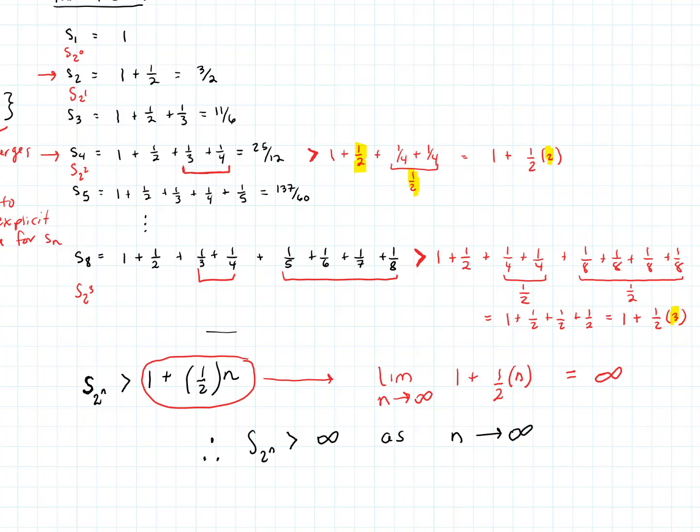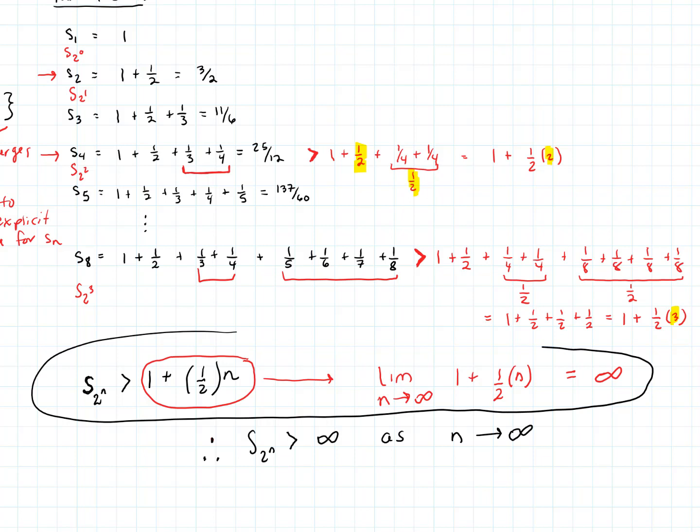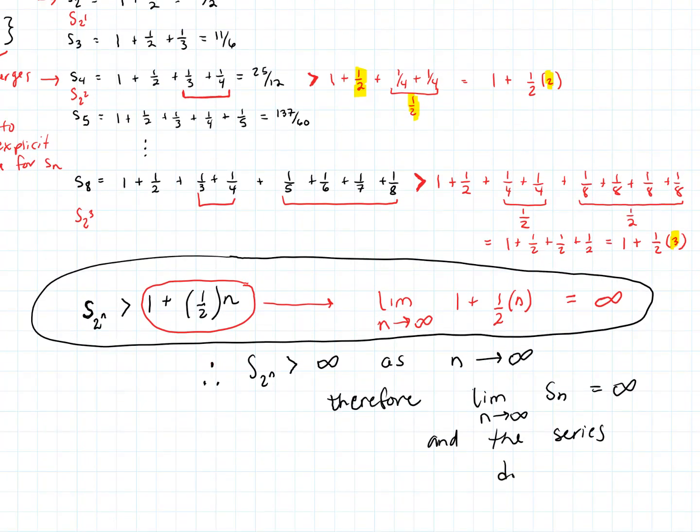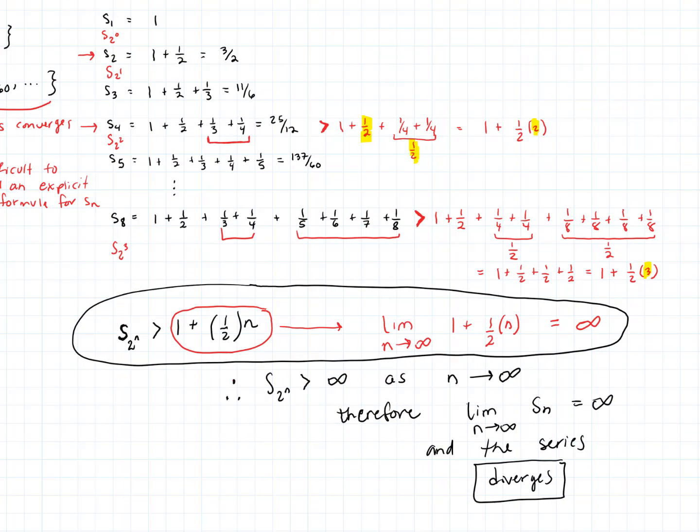That's what this line right here is saying: if we know that our partial sums are always bigger than 1 plus 1/2 times n, then as we approach infinity, the partial sums have to be bigger than infinity, which means that therefore the limit as n approaches infinity of S of n has to be equal to infinity, and the series diverges. If the partial sums do not converge, then the series itself is diverging.